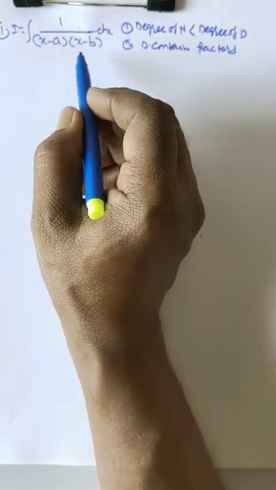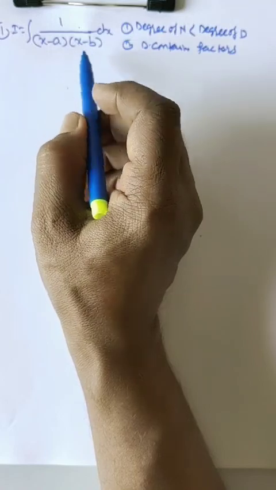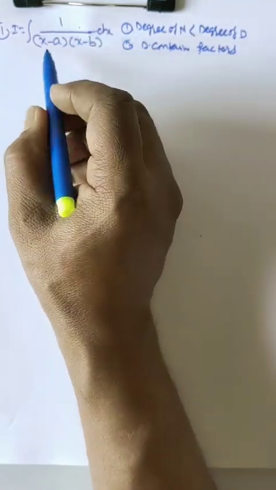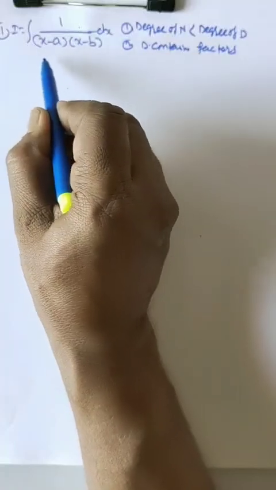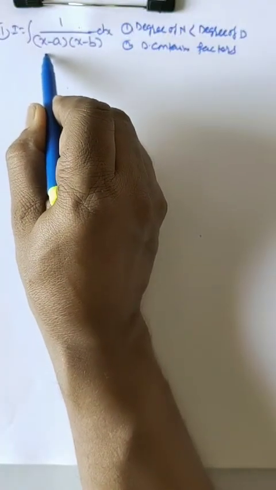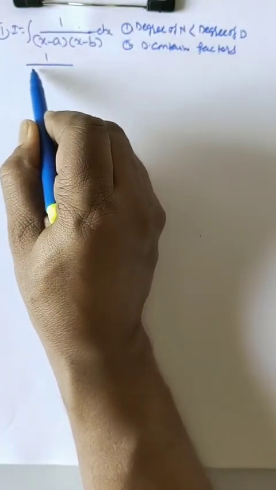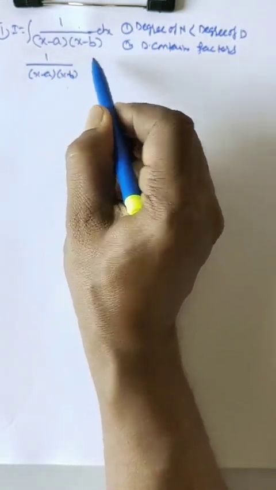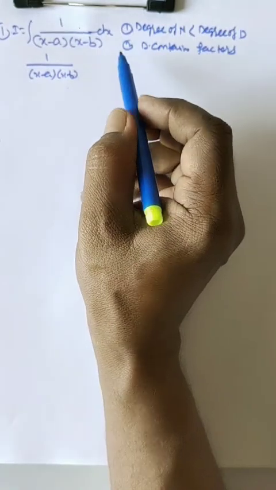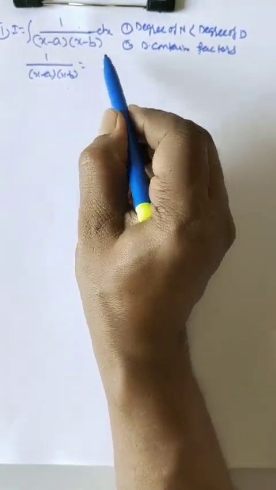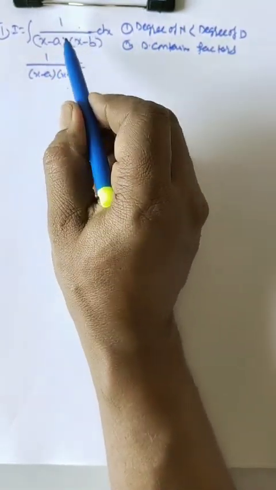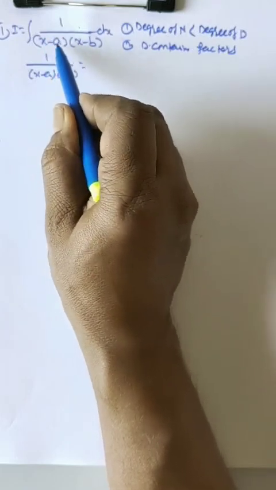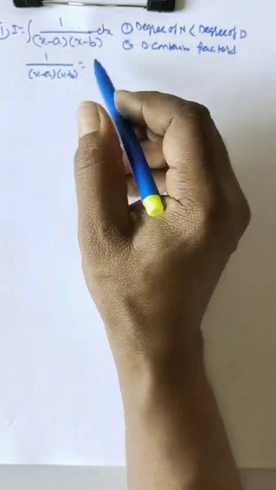For this shortcut method, first we find the value of a and the value of b. Take 1 upon x minus a into x minus b. First put x equal to a.